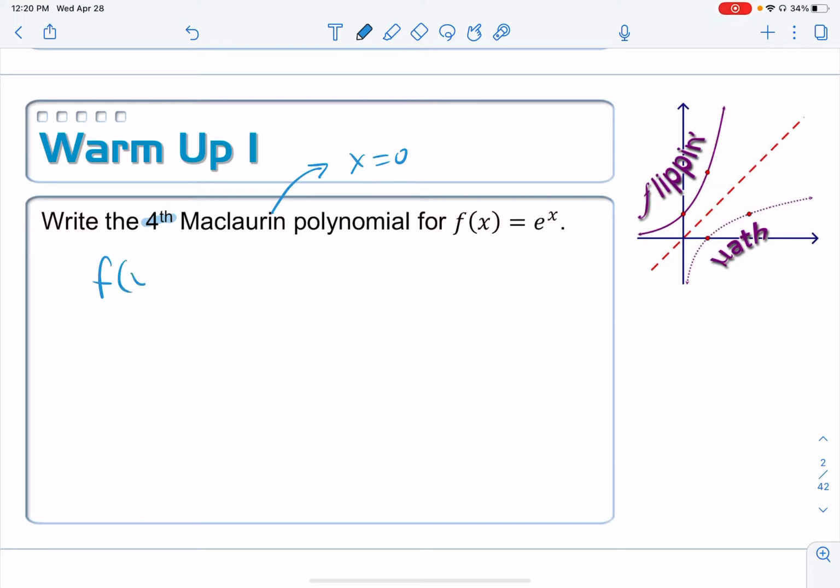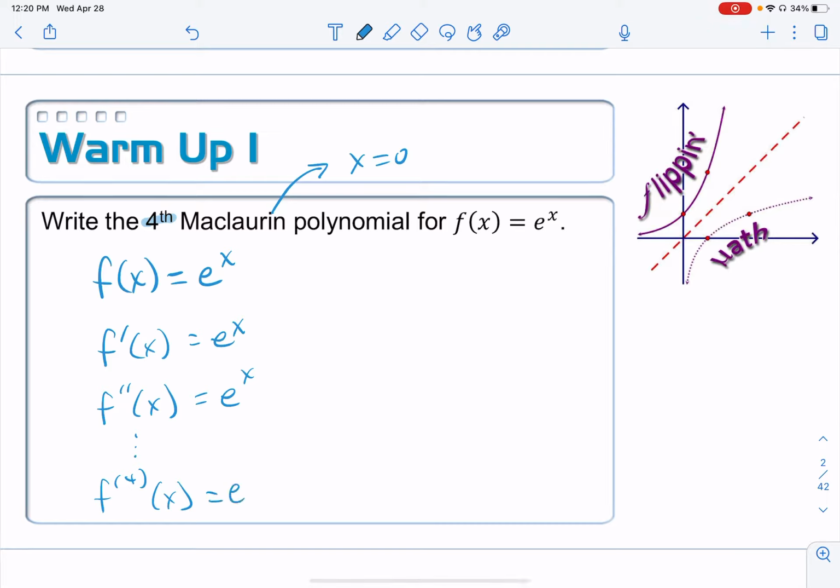So this is, of course, the toughest thing that you're going to do all day, because e to the x here, and the derivative of e to the x is e to the x, right? And then the second derivative there is also e to the x, right? And I don't even care. All the way to the fourth derivative of e to the x will be equal to e to the x.